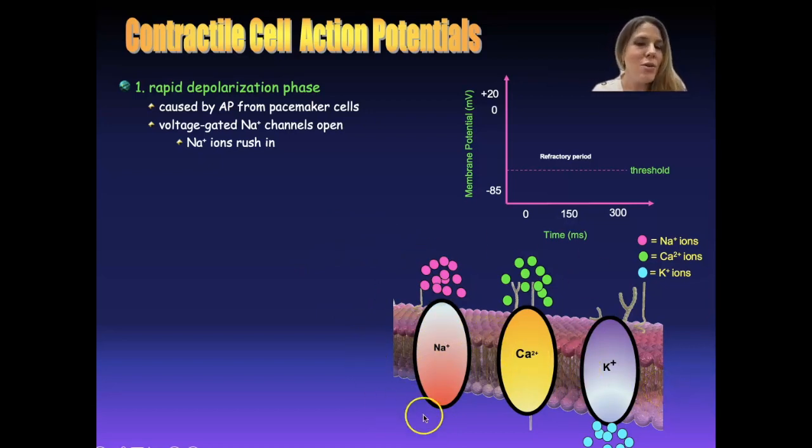So when a sodium channel has its conformational change, it opens up, those sodium ions, which are more concentrated outside the cell than in, are going to just rush right in through that sodium ion channel to the inside of the cell, and that's going to all at once make the inside of the cell much more positive than it was before. So that rushing in is going to be what generates that full rapid depolarization up to positive 20.